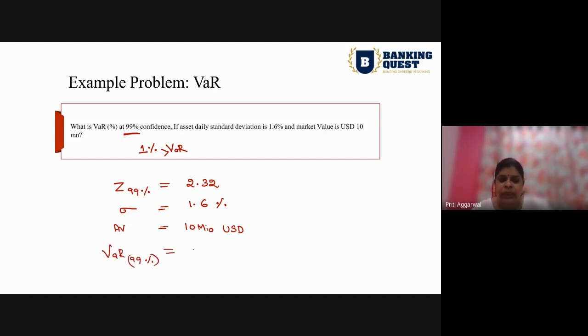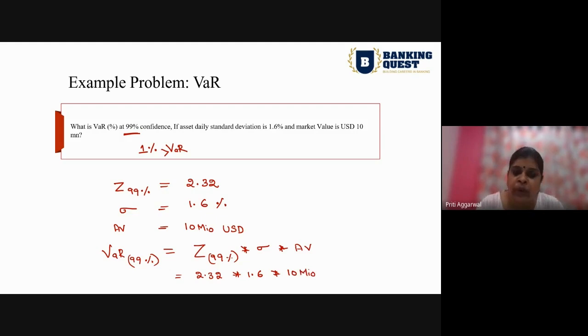It will be whatever is the Z score at 99% level of confidence into your standard deviation into your asset value, right? So that is 2.32 into 1.6% into your 10 million. So that is how you calculate your VAR.